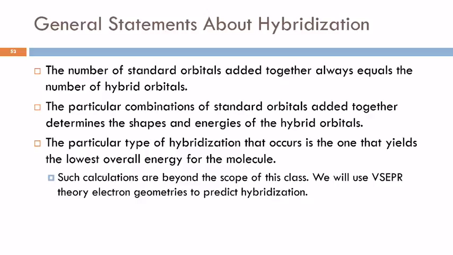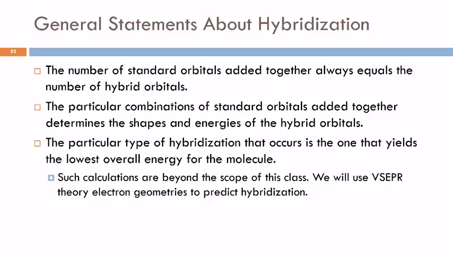So some general statements before we get into the details of this. When you hybridize orbitals, you end up with the same number of orbitals that you started with. So the number of standard orbitals added together always equals the number of hybrid orbitals. If you start with 3 standard orbitals and you hybridize them, stick them in the blender, you still have 3 orbitals when you're done.